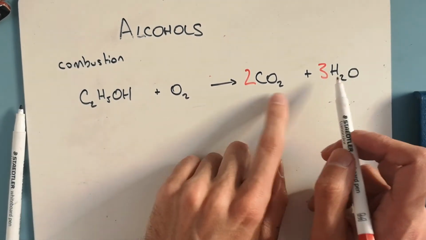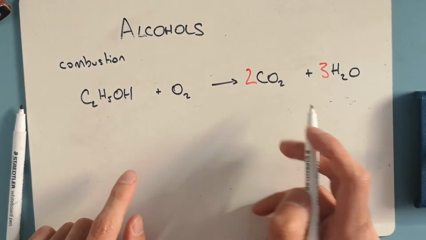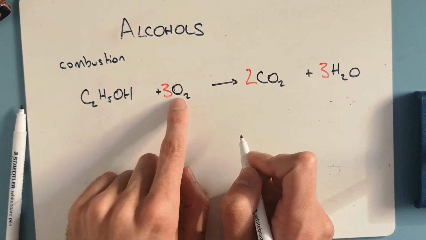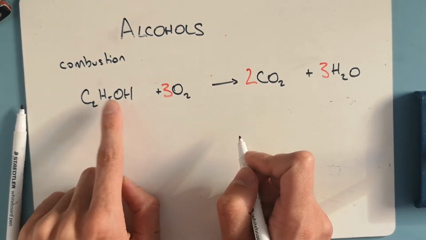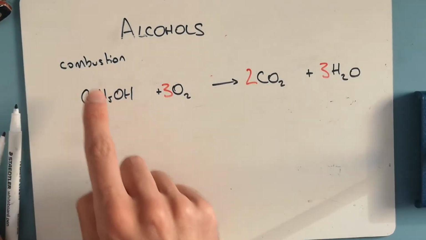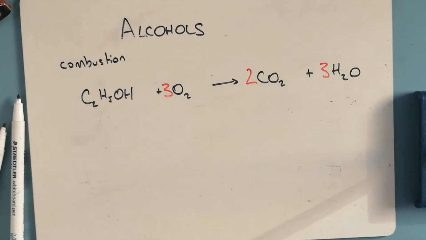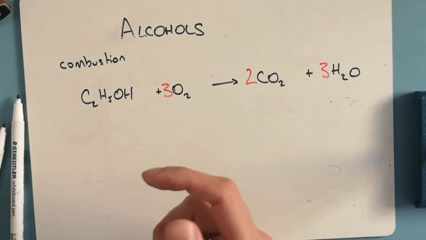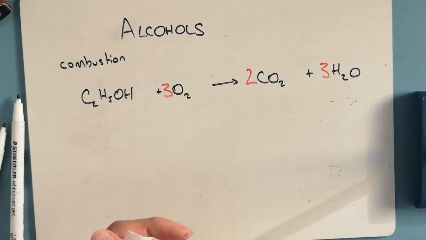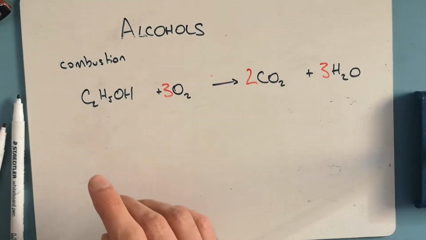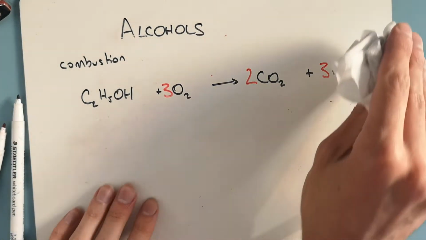That gives me 4, 5, 6, 7 oxygens on this side, so I need a 3 there to get up to 6, and I've got the 7th oxygen there. Often people forget that oxygen's there, and would have put 3.5 there to get it to balance. So that's combustion.